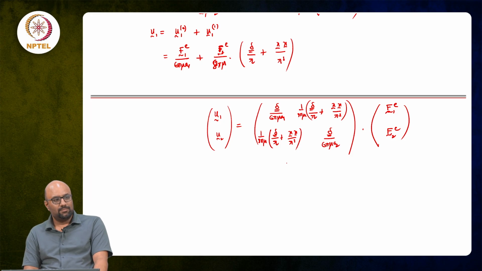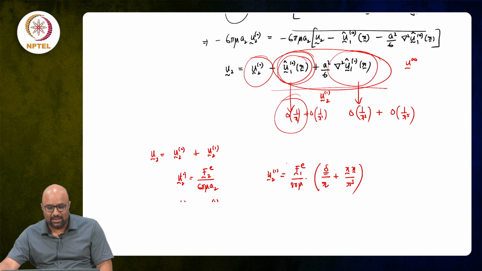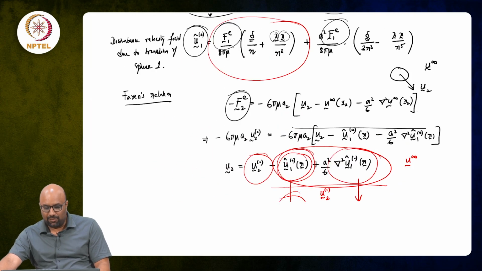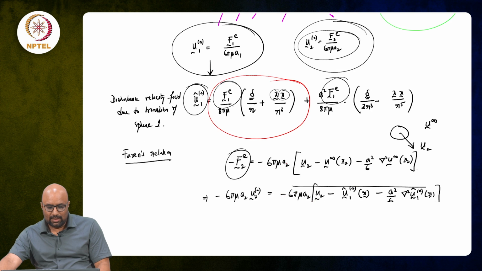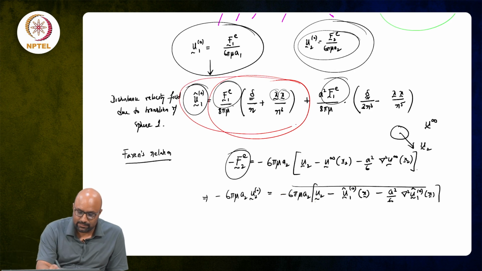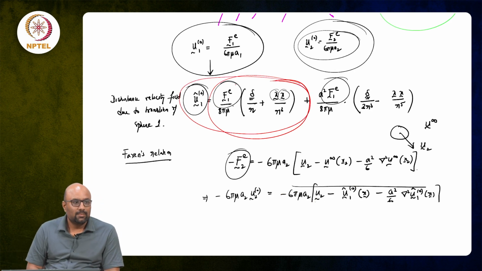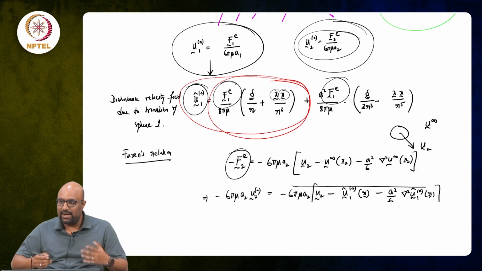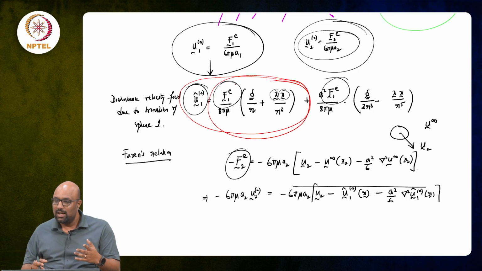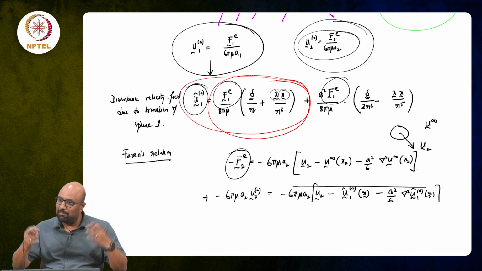So you have obtained the effect of interaction here. I have just stopped it at the first level of interaction, because you can also see there are many things which we have not done here. For instance, this disturbance is going to create a vorticity. We never discussed vorticity, but the disturbance that is created by that translating particle has an associated vorticity.